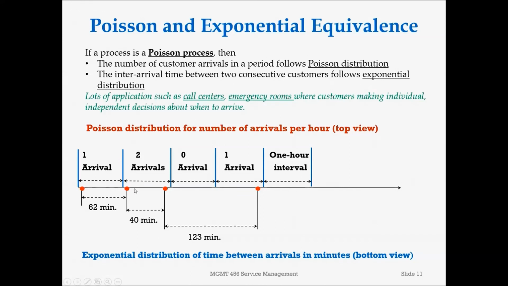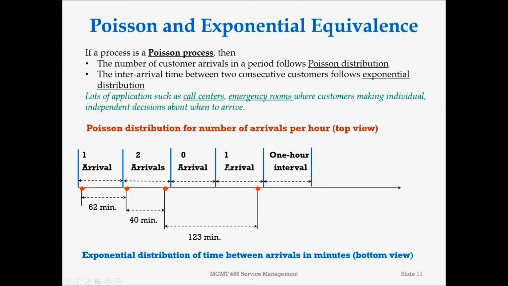For example, this line shows the time and also shows arrival times for different customers. If you start at time 0 and keep counting how many customer arrivals in each hour, from 0 to 1, 1 to 2, 2 to 3, 3 to 4, 4 to 5, then you will see the first hour I have 1 customer, the second hour I have 2 customers, the next hour 0, the next hour 4 customers.